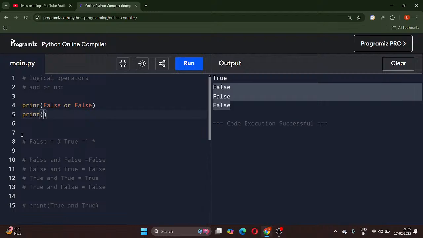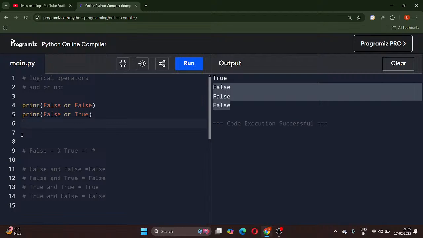Right, false or false, and afterwards the second combination could be false or true, right? And then the other option is true or true, and the last option is true or false, right? So this is the fourth combination that is possible if you have only two possible inputs, true and false.